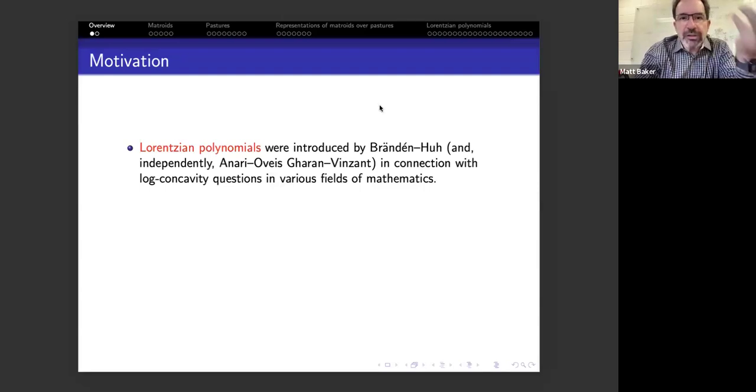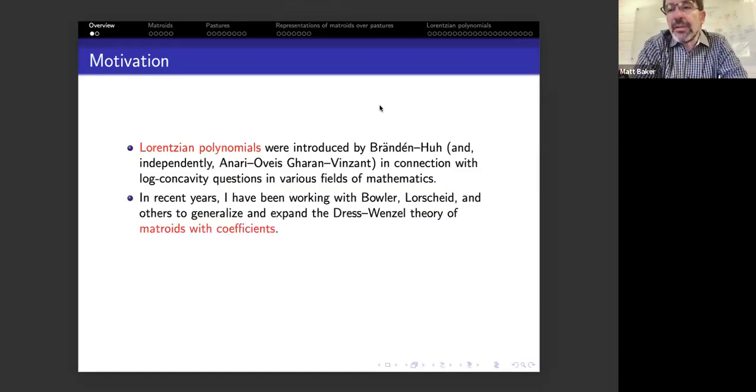So Lorentzian polynomials, if you don't know, are some analytic gadgets introduced by Brändén and Huh and independently Anari, Oveis Gharan, and Vinzant. They're intimately connected to log concavity questions. And kind of independently of that, for some number of years, I've been working with Nathan Bowler, Oliver Lorscheid, and others to generalize the theory of matroids with coefficients, which was sort of pioneered in somewhat forgotten work of Dress and Wenzel.